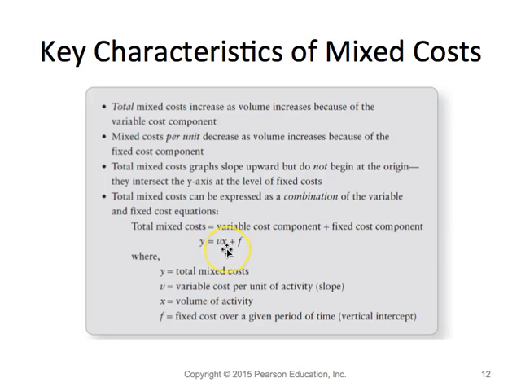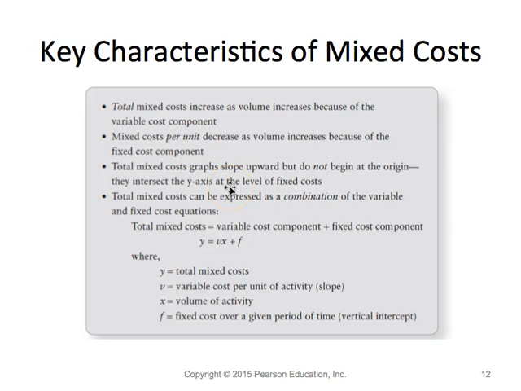So when x volume increases, y does increase, but using y divided by x, the mixed cost per unit actually is going to drop.